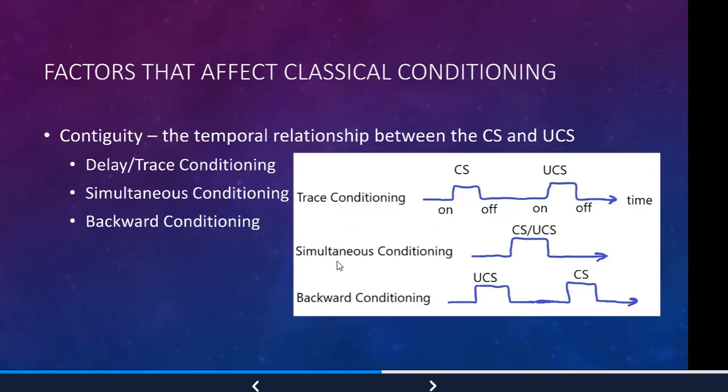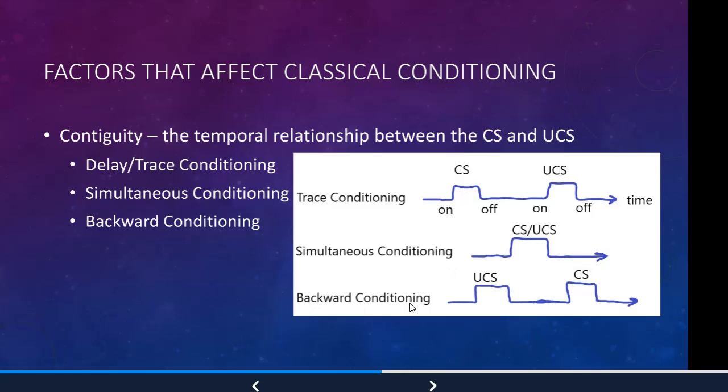Now, simultaneous conditioning is when the CS and the UCS come on at the same time. Now, as it turns out, this is very weak conditioning, very hard to produce conditioning with simultaneous conditioning. So what this particular type of conditioning is telling us is that we need a delay. We need temporal separation. The CS has to come before the UCS at a short delay. Now, how do we know it has to come before the UCS?